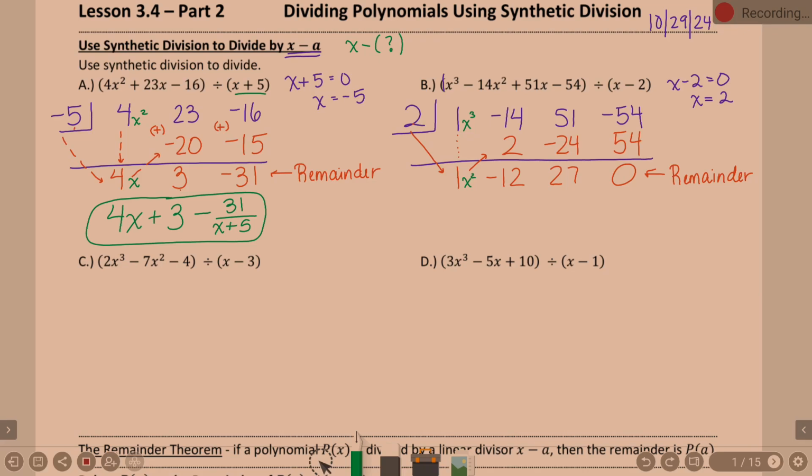So what's this answer read? 1x squared, or x squared, then what? Minus 12x plus 27. Okay.